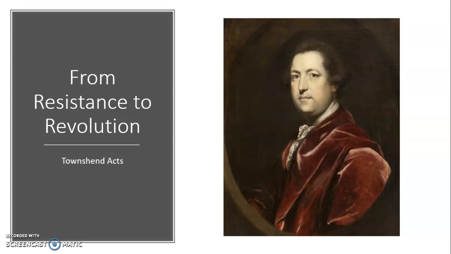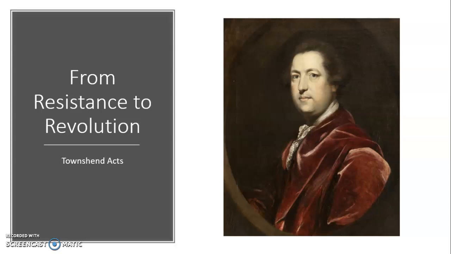We're going to see a new political leader emerge, Charles Townshend, and he is eventually going to usher in a new series of taxes on trade that we're going to call the Townshend Acts. Okay, they'll be named after him. These are very similar to what was in the Sugar Act.